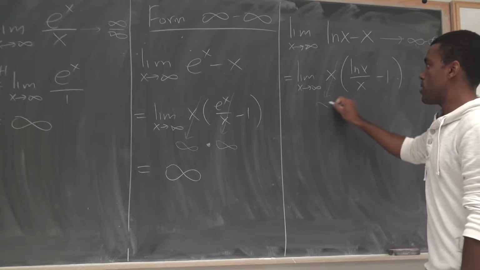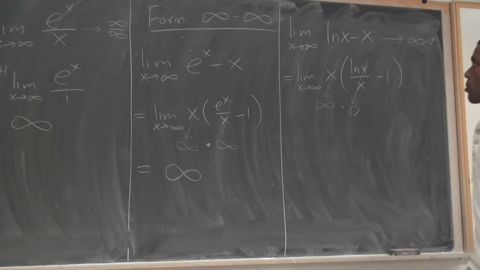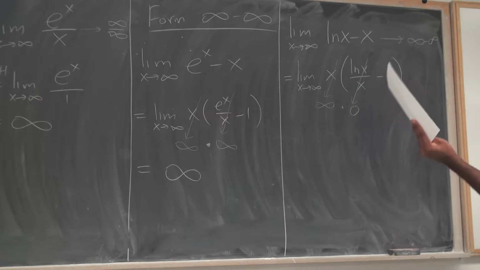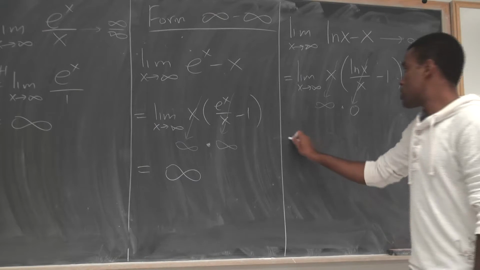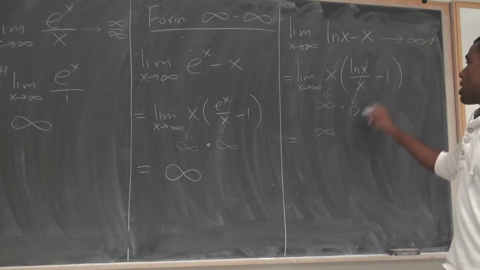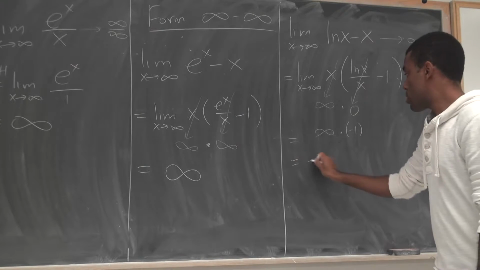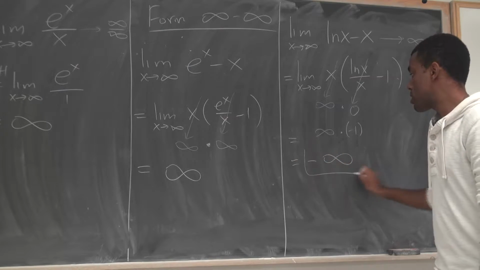This guy would approach 0, and so we would have essentially infinity times minus 1, because there's a minus 1 here. So the answer there was negative infinity.